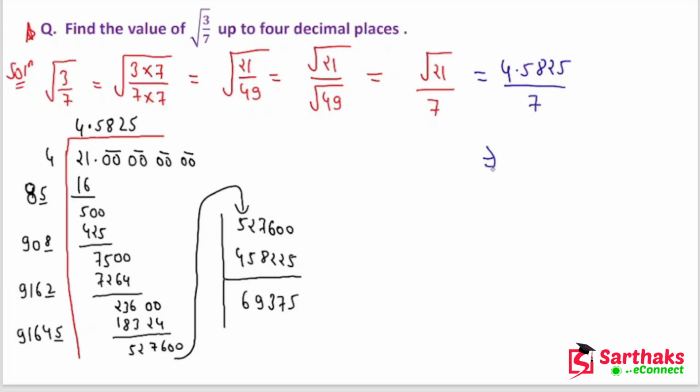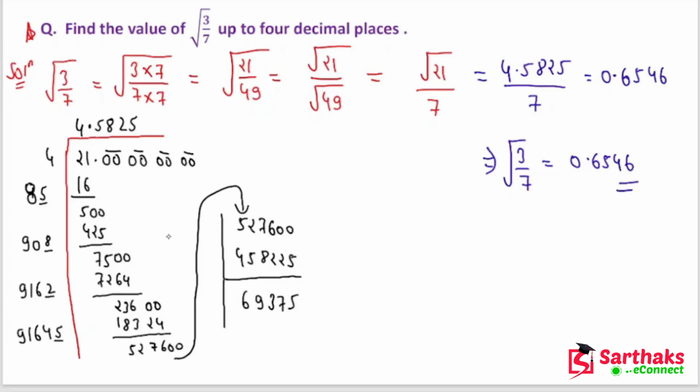So finally, root 3 upon 7 came out to be 0.6546. So we can write here that root 3 by 7 would be 0.6546.